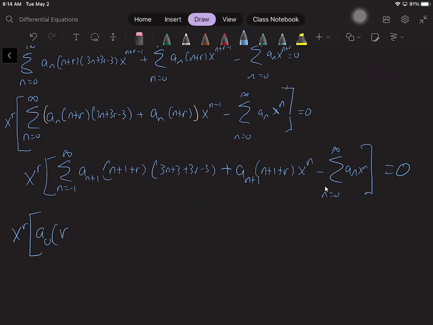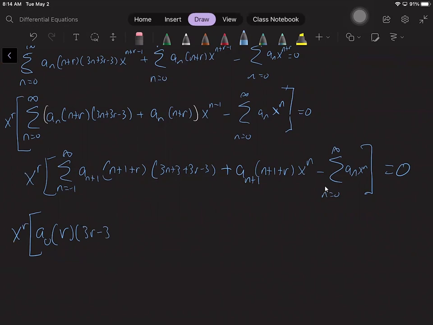And then I have, let's see, if I plug in -1 here, the 3's canceled already. So I would get 3r minus 3. Is that right? Because n equals -1. Yeah.